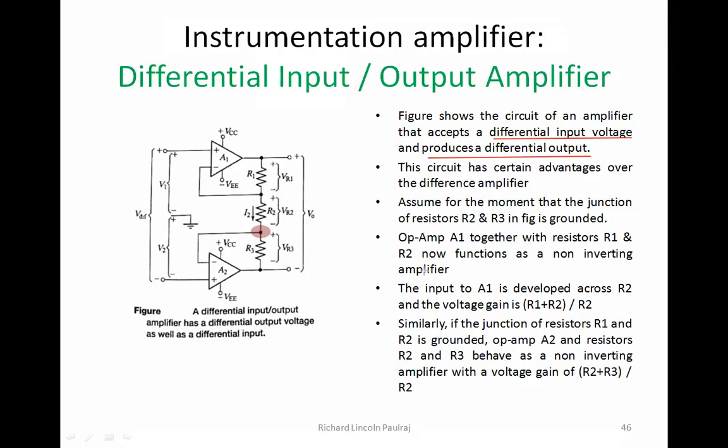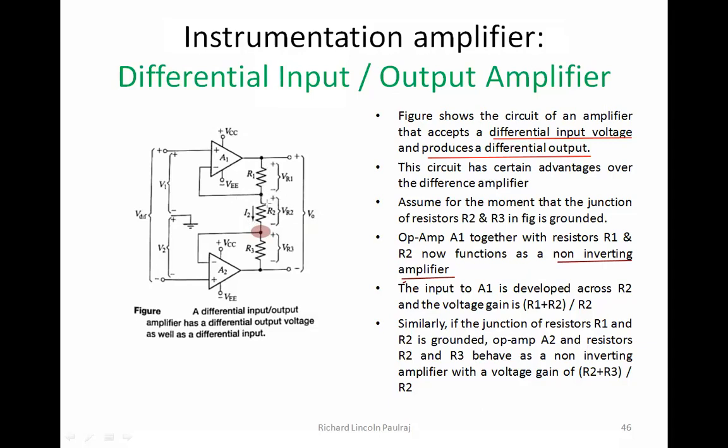Now, with resistors R1 and R2, this works as a non-inverting amplifier. I've told you the reason why it is called a non-inverting amplifier. The input to A1 is developed across R2, and the voltage gain will be R1 plus R2 divided by R2.